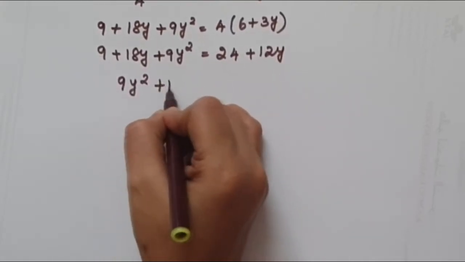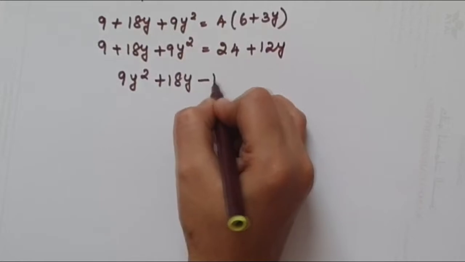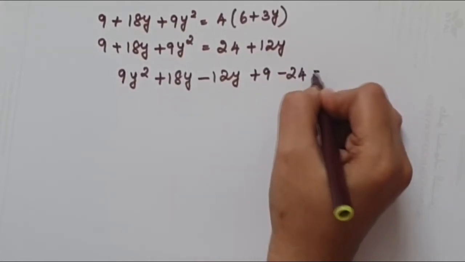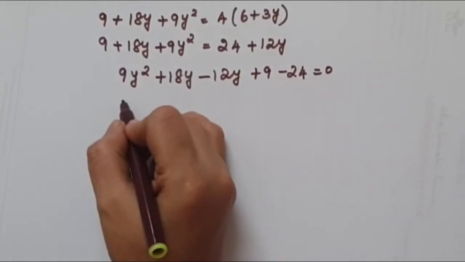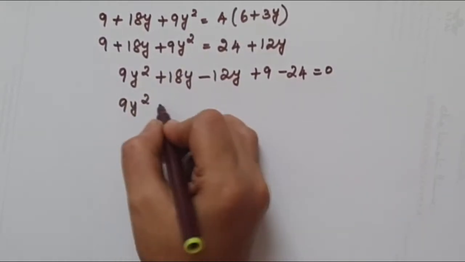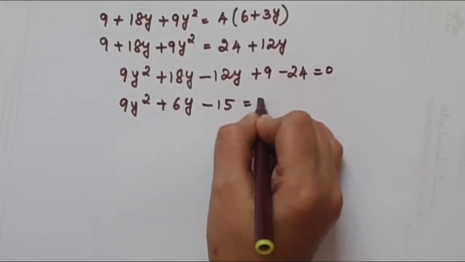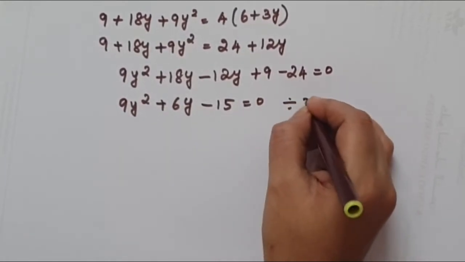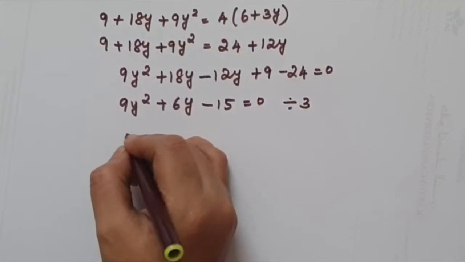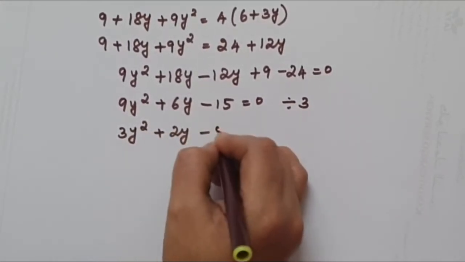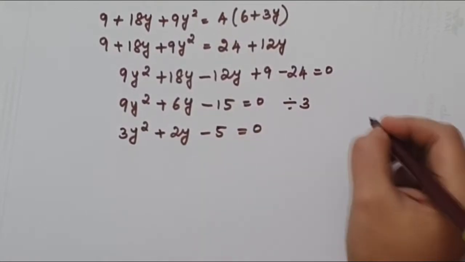So it is 9y squared plus 18y minus 12y plus 9 minus 24 equal to 0. So it comes as 9y squared plus 6y minus 15 equal to 0. Now I'll divide the entire equation by 3. So it gives us 3y squared plus 2y minus 5 equal to 0.